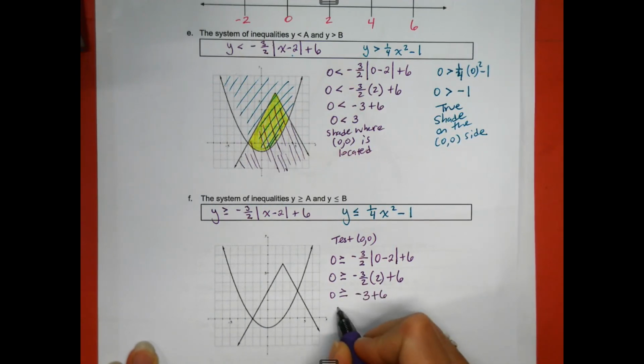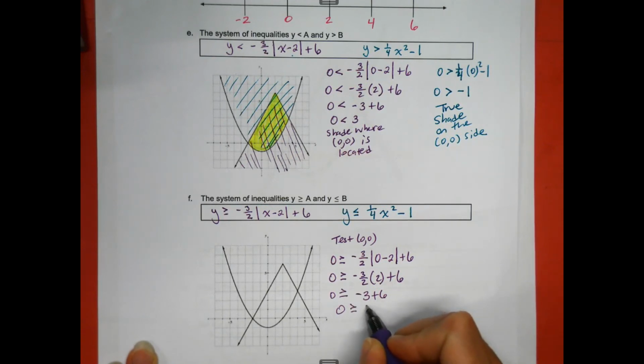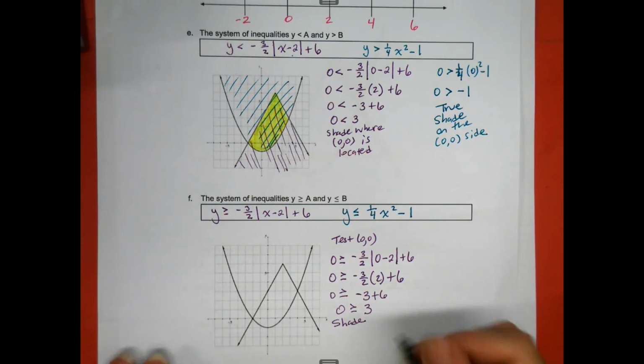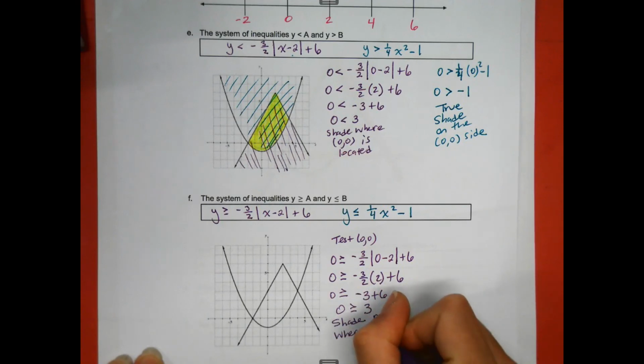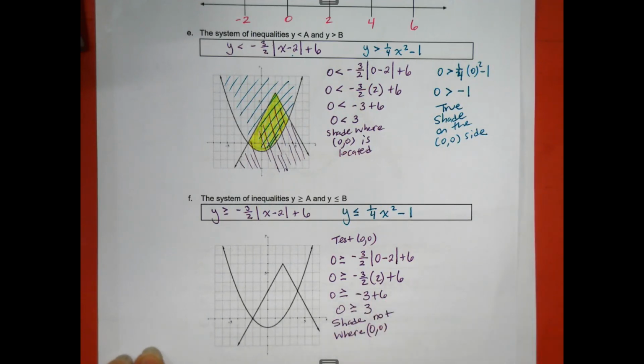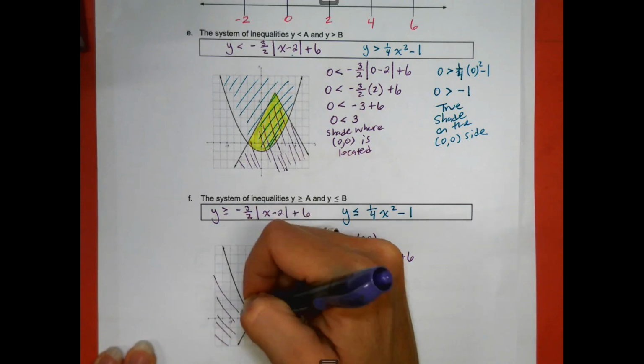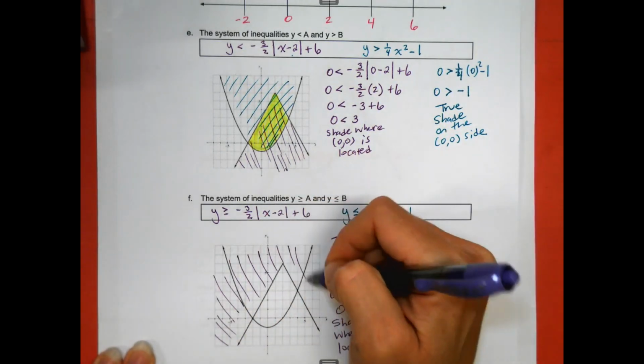And the answer is no, because 0 is not greater than positive 3. We're going to shade on the opposite side. We're going to shade not where 0, 0 is located. So we're going to shade all of this area here.